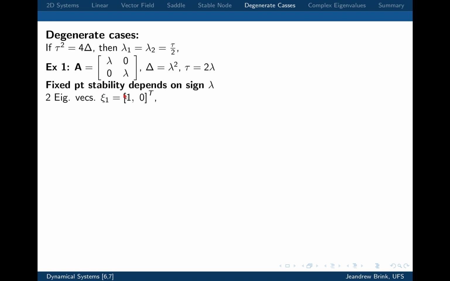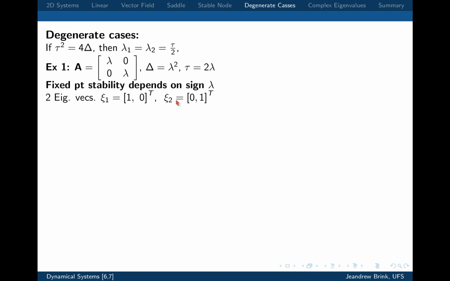And you can always get 2 eigenvectors, so this is not a degenerate case in the sense that you have just one eigenvector. It's a degenerate case where you have the same eigenvalue, but 2 distinct eigenvectors. Here xc1 is equal to (1, 0), and xc2 is equal to (0, 1). Both of these will solve your eigenvalue equation.